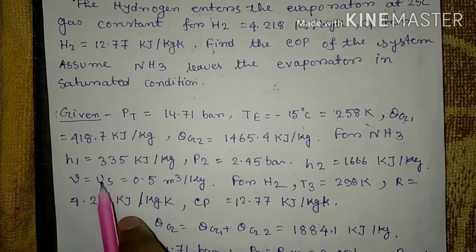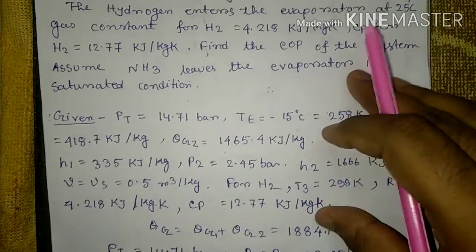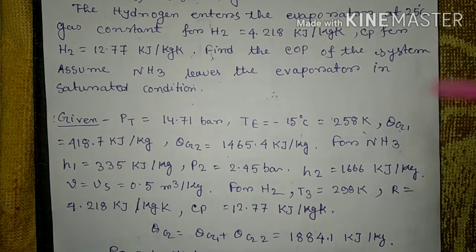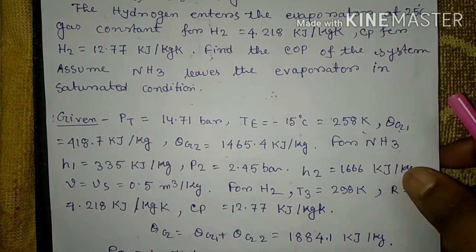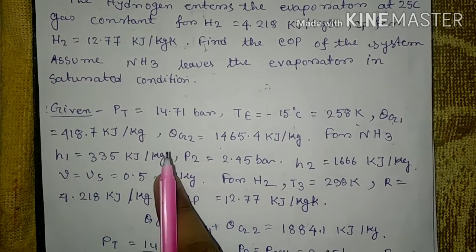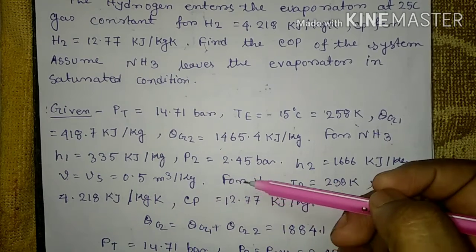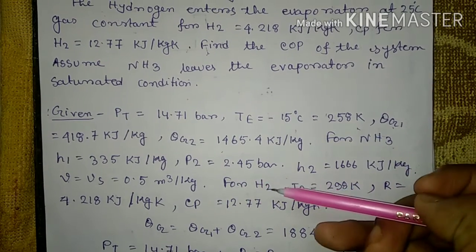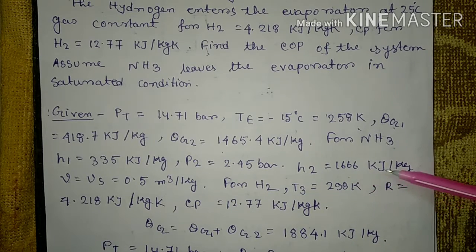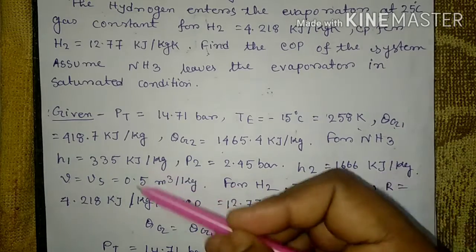The following parameters of ammonia at minus 15 degrees Celsius are given: pressure P2 is equal to 2.45 bar, the corresponding enthalpy H2 is 1666 kilojoule per kg, and specific volume is also given.